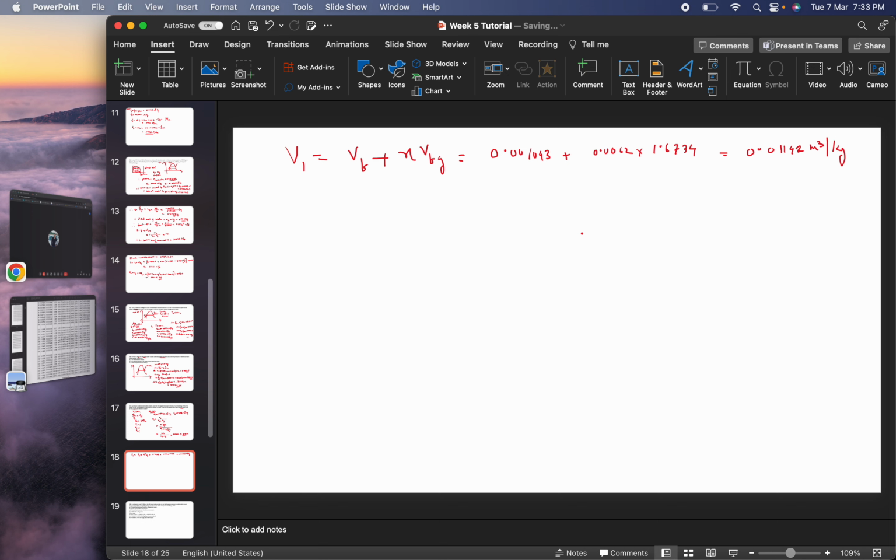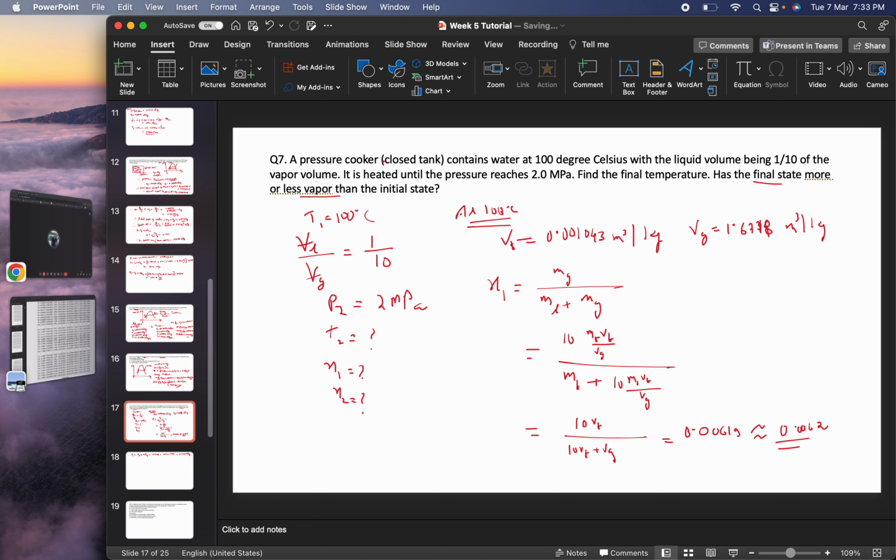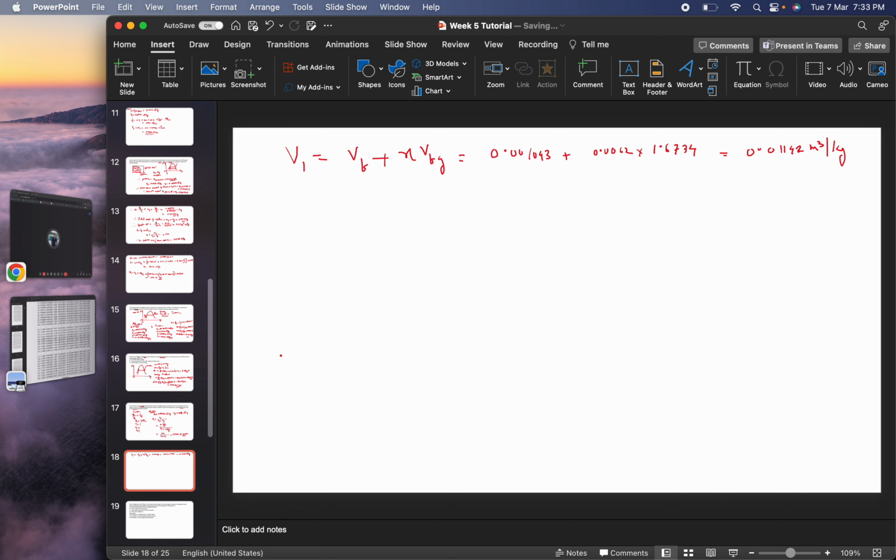Now what it is telling us is the pressure cooker is closed. Since it is a pressure cooker, it is rigid, so therefore V1 must be equal to V2. So since V1 is equal to V2, V2 is also equal to 0.01142 meter cube per kg.